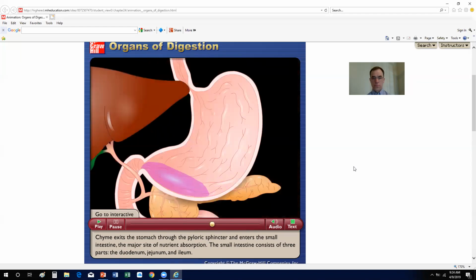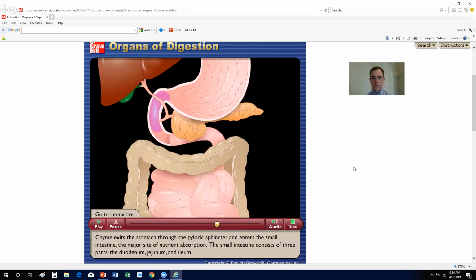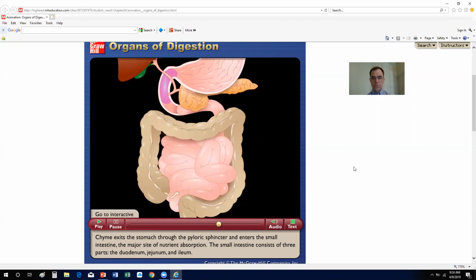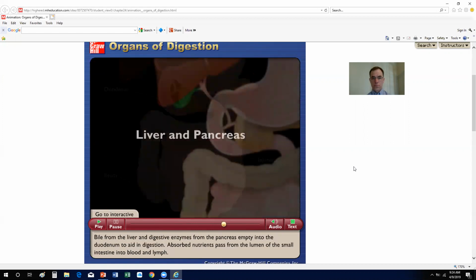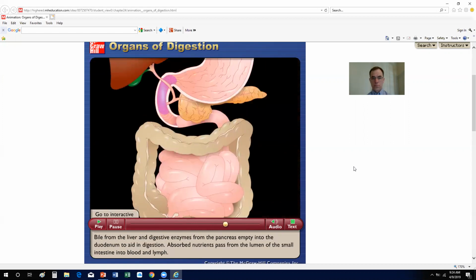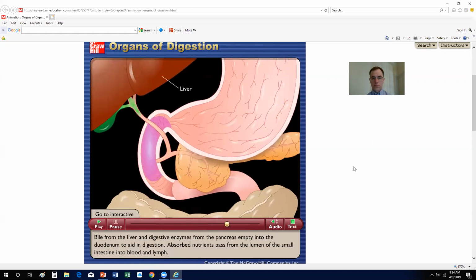Chyme exits the stomach through the pyloric sphincter and enters the small intestine, the major site of nutrient absorption. The small intestine consists of 3 parts: the duodenum, jejunum, and ileum. Bile from the liver and digestive enzymes from the pancreas empty into the duodenum to aid in digestion. Absorbed nutrients pass from the lumen of the small intestine into blood and lymph.